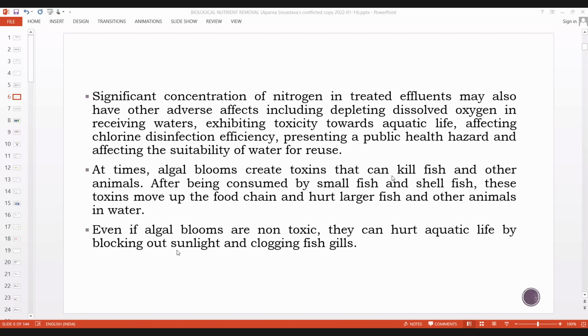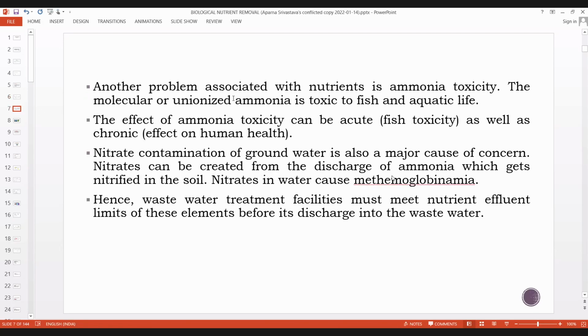So what will happen? Photosynthesis is going to stop. Once photosynthesis stops, what will happen? DO level is going to reduce. So there is a lot of problem with algal bloom, and that's why a lot of scientists are working in the field of eutrophication. The problem associated with nutrients is ammonia toxicity. Okay? We know that molecular or unionized ammonia is toxic to fish and aquatic life.